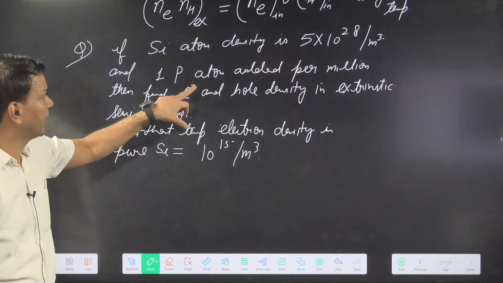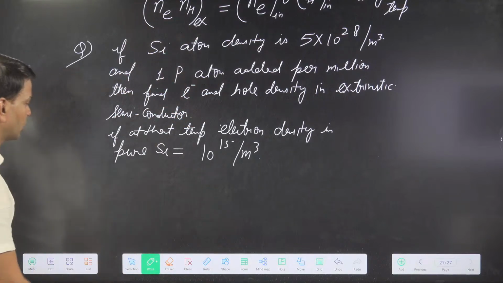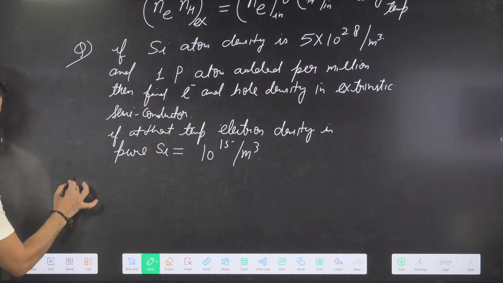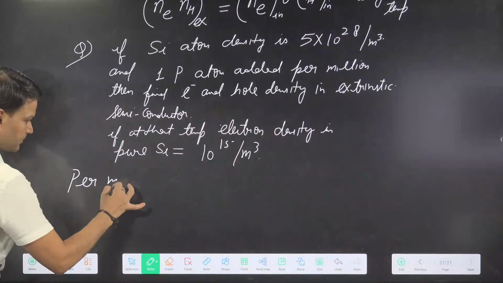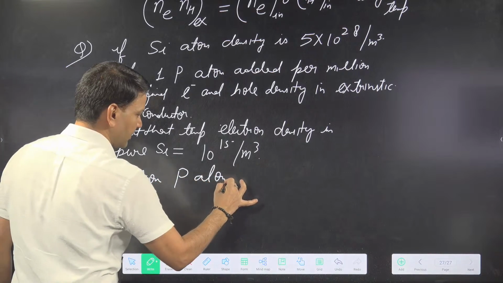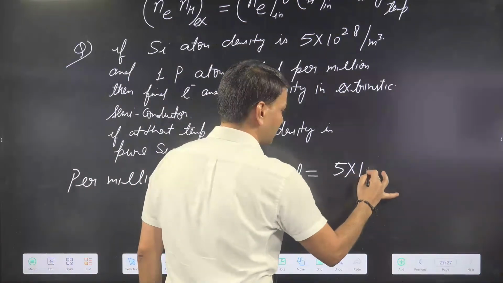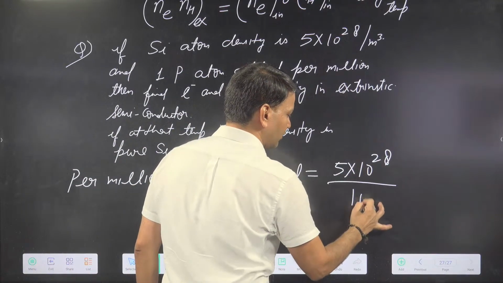And per million we are adding one phosphorus atom. So per meter cube, how many phosphorus atoms have you added? Per million phosphorus atom added, we can say 5 into 10 to the power 28 upon 10 to the power 6.